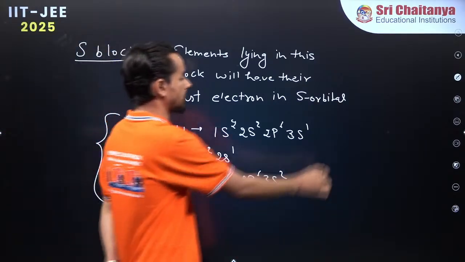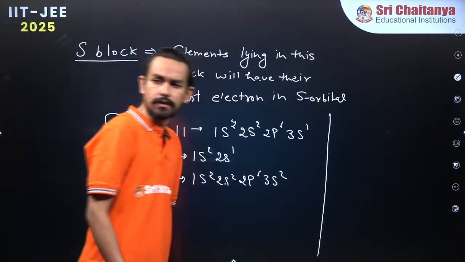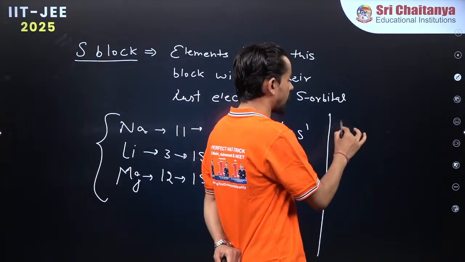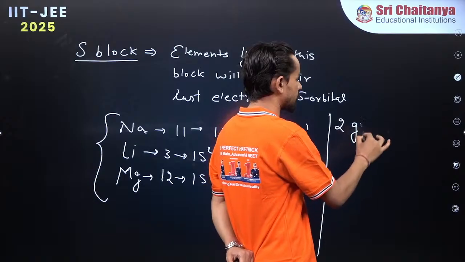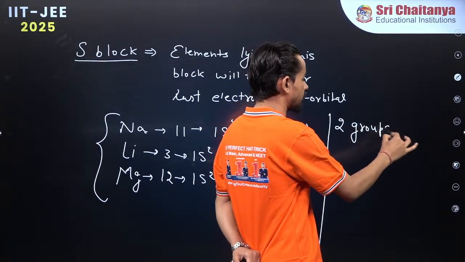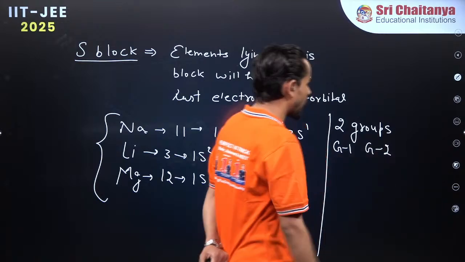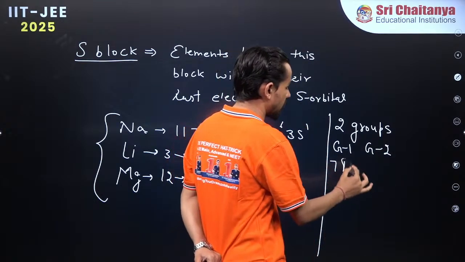What are the other characteristics of S block? So first of all, it contains two groups that are known as group 1 and group 2. Apart from that, all 7 periods are there.